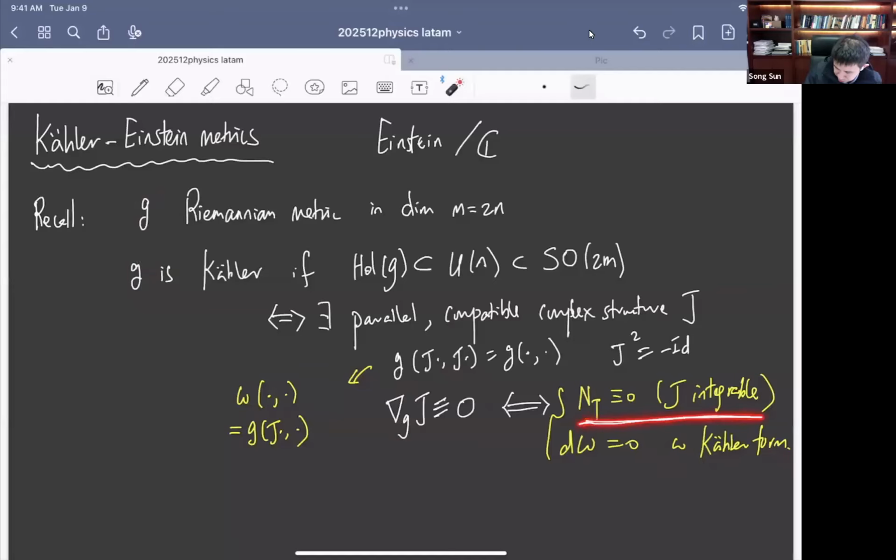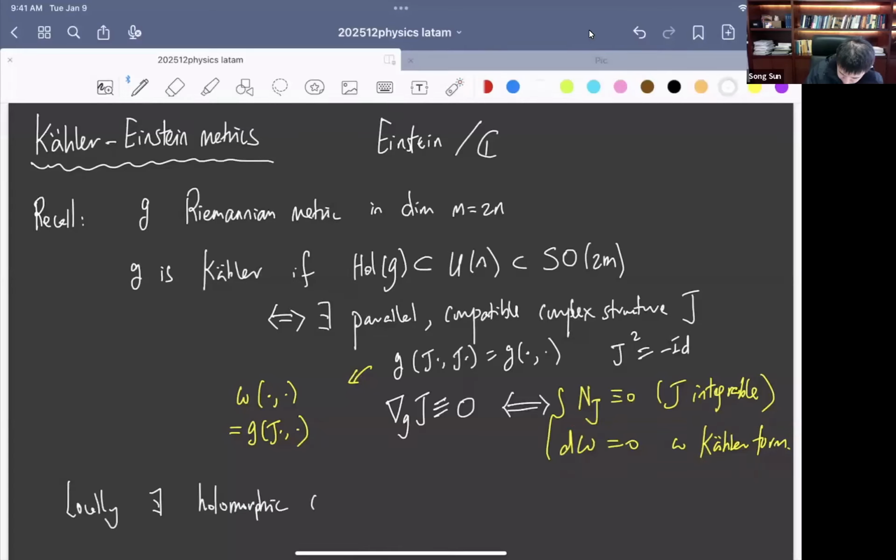The first one just means J is integrable, so you have holomorphic coordinates, and then we study the meaning of the second condition. It's decoupled, right? So locally there are holomorphic coordinates z1 to zn.